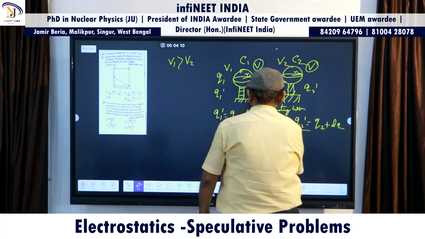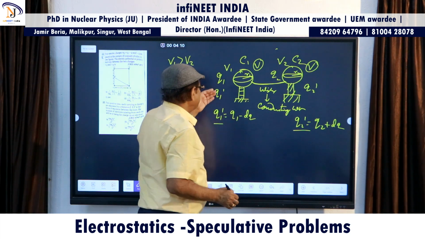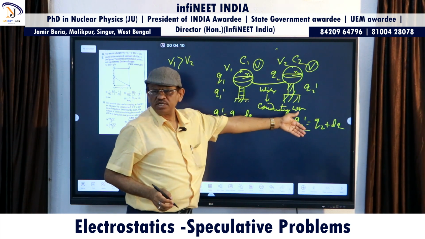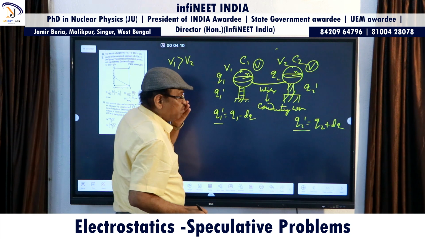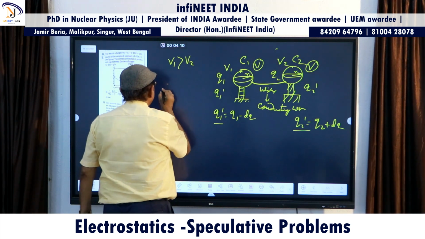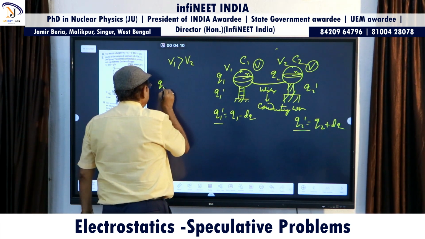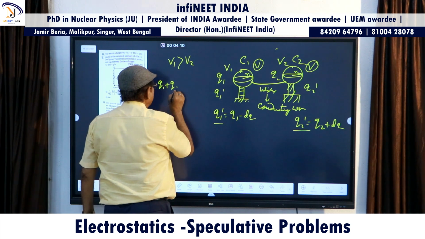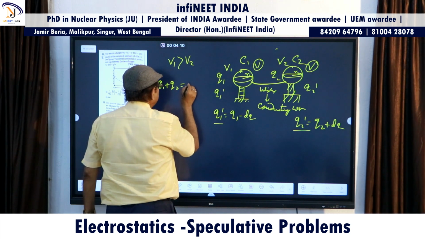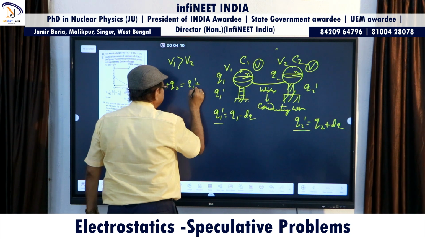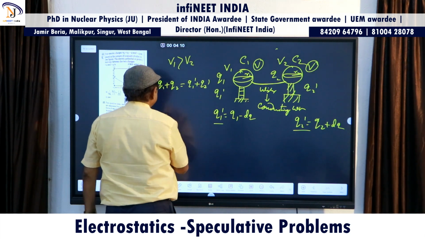So this is the final charge: the amount of charge that it will lose, the amount of charge that it will gain. So from the conservation of charge principle, what can I write? Q1 plus Q2 equals Q1 dash plus Q2 dash.